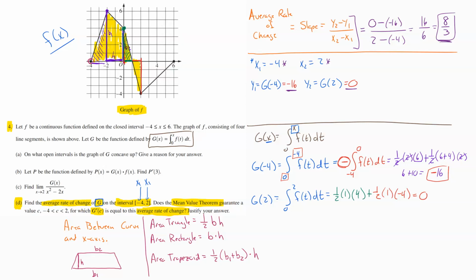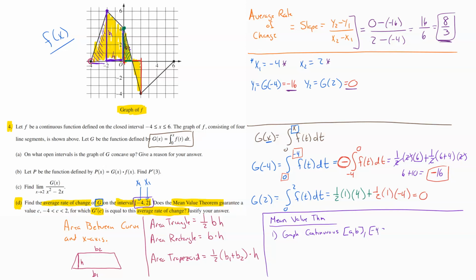Now we got to come through and say, okay, does the mean value theorem apply? Well, in order to figure that out, we got to remember what the requirements of the mean value theorem are. The mean value theorem requires first that the graph is continuous on the closed interval from A to B. So in our situation, is it continuous on the closed interval from -4 to 2?